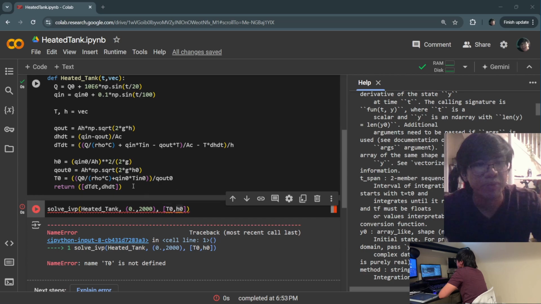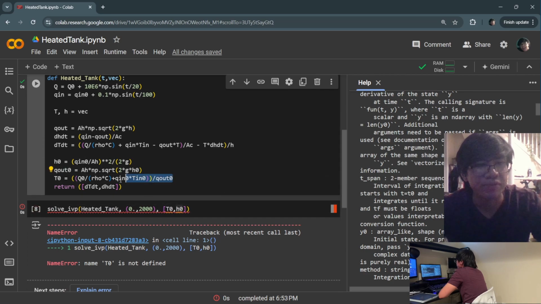So the issue here might be that solve IVP isn't finding these initial values since I kind of put them outside or inside the function. So I'm going to make sure our right-hand side isn't depending on these functions. So if I take it out, it should be okay.